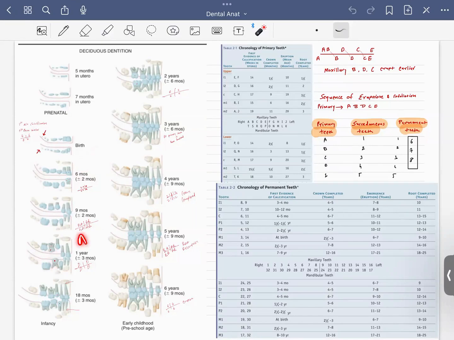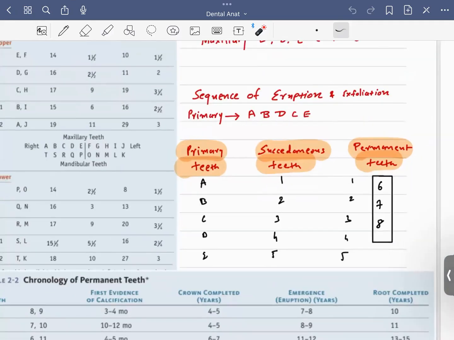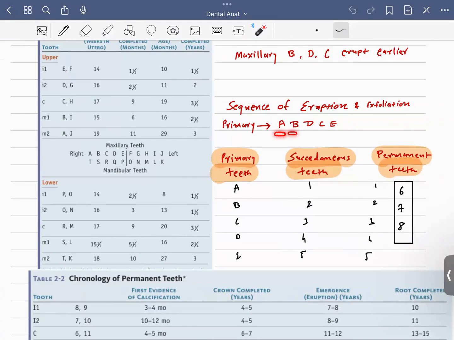So first central and lateral erupted, then first molar, then canine, and then the second molar. The sequence of eruption is A, B, D, C, E. That is central incisors, then lateral, then the first molar, then the canine, and the last tooth to erupt in deciduous dentition is the second molar.